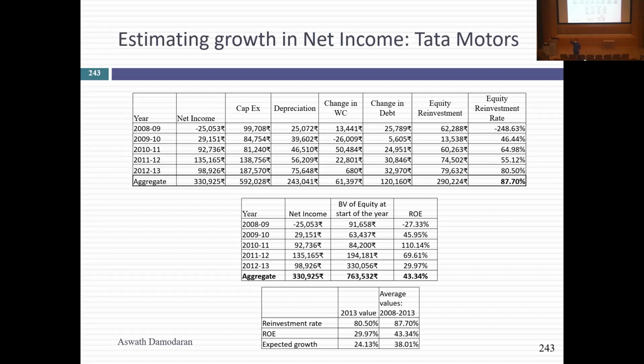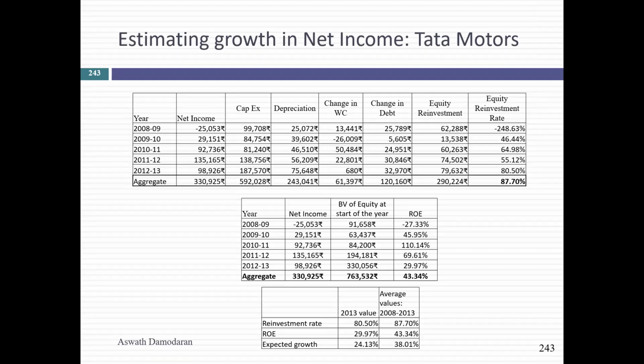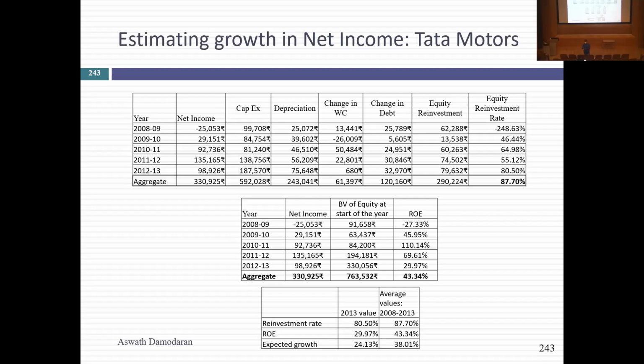When I asked you to compute return on equity and return on invested capital, I opened the door to a lot of trouble, right? For some of you, your book value of equity was negative. For some of you, I think somebody doing Microsoft came up with returns on equity of more than 100%. Why? Because the book value of equity doesn't reflect the biggest investment, which is R&D, it's not capitalized. Returns on equity and return on invested capital are accounting numbers.